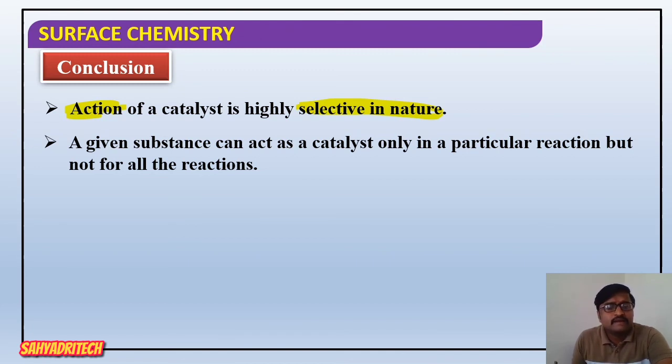Any given substance acts as a catalyst only in a particular reaction and at particular conditions. In other words, there is no universal catalyst, like a universal indicator. All catalysts are highly specific in nature with respect to their activity.